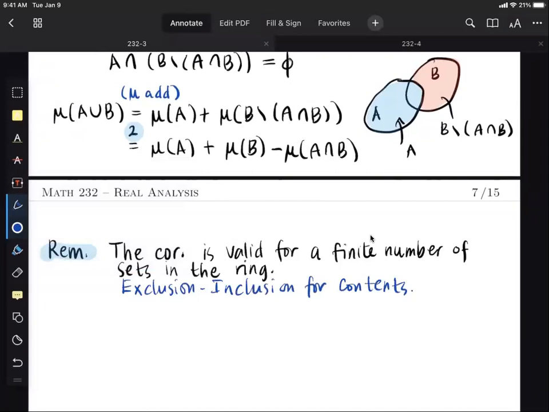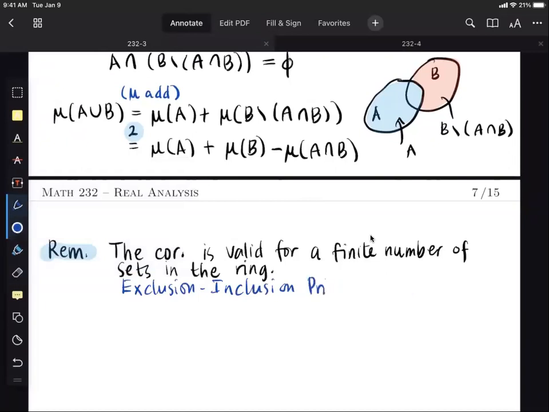So this is an exercise in the course notes, and in fact, in the second exercise, you will show a generalization or a modification of this inclusion principle. Let us emphasize that.